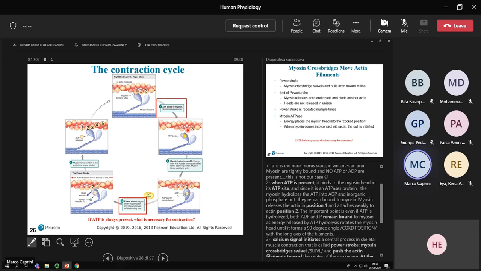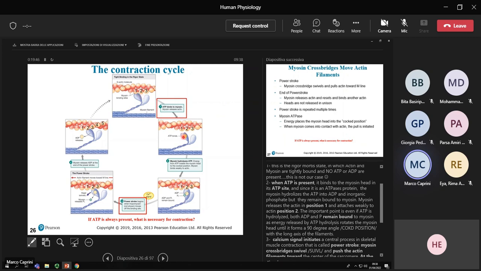The important point is that when ATP is hydrolyzed, both ADP and P remain bound to myosin, as the energy released by ATP hydrolysis rotates the myosin head until it forms a 90-degree angle. Here is 45.